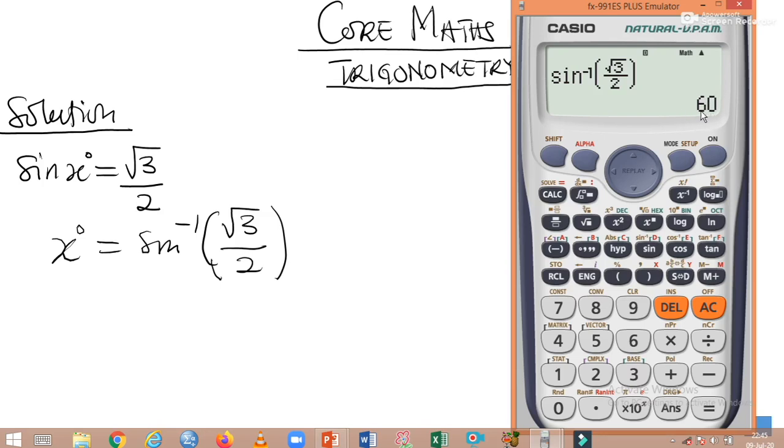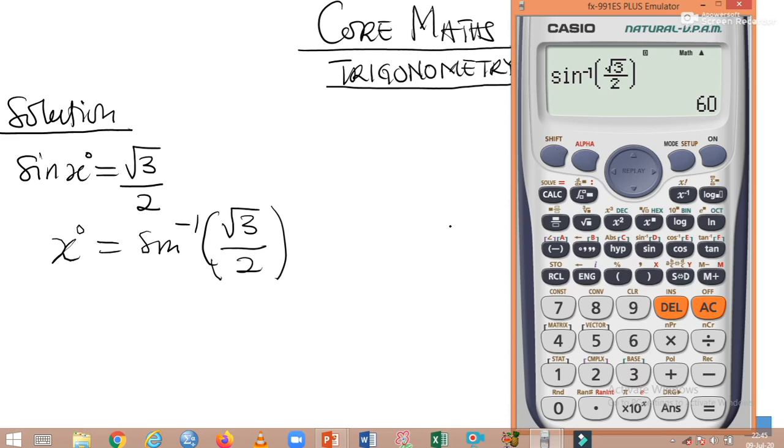So the 60 degrees here will be the reference angle for our x, because we are to deal with the second quadrant. So this 60 that the calculator has given us will be our reference angle.